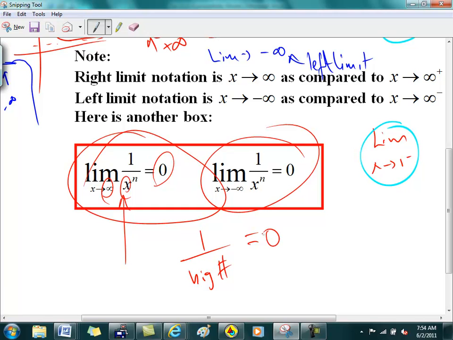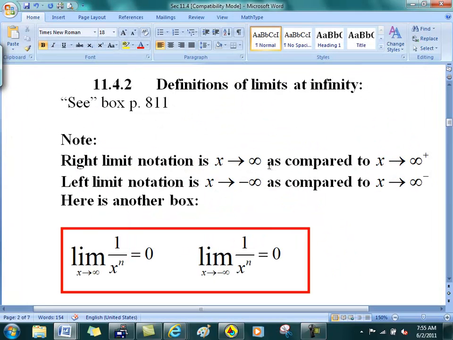Okay, and that's true for whether it's going to plus infinity or minus infinity. You guys know that there's nothing like this, right? There's no positive 0 and negative 0. It's 0. Okay? There is no sign attached to it. Why is that funny? Okay. All right? So you got to know this, okay? Limit of 1 over x is 0 as x goes to infinity.